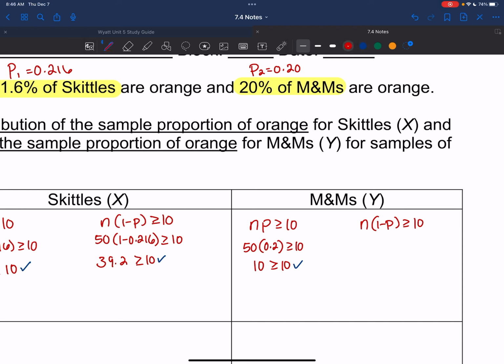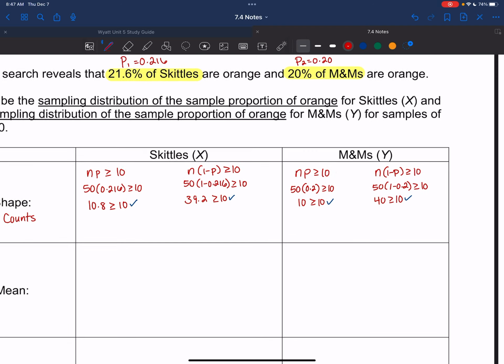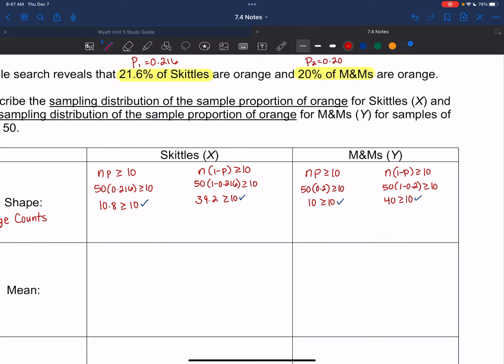And then the other one, 50 times 1 minus 0.2. And so we're going to get 40, also greater than or equal to 10. So since both of these samples pass both inequalities, we can say that both of them are going to be approximately normal.